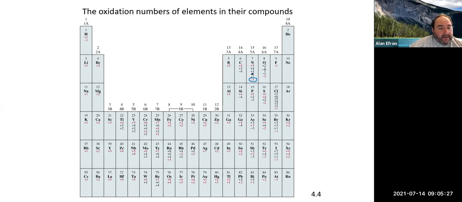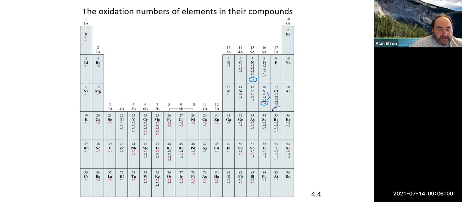So it could be all these positive oxidation states. You will see those positive oxidation states when you have nitrogen in a molecular, covalent compound, where it's sharing electrons. If you have nitrogen in an ionic compound, it will be -3. Kind of the same thing with sulfur. We normally think of sulfur as -2. But again, you can see sulfur has a nice variety of positive oxidation states as well. Chlorine as well.